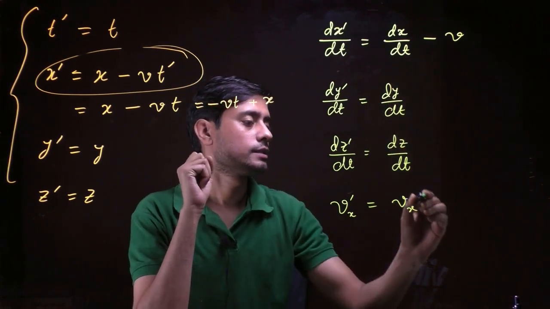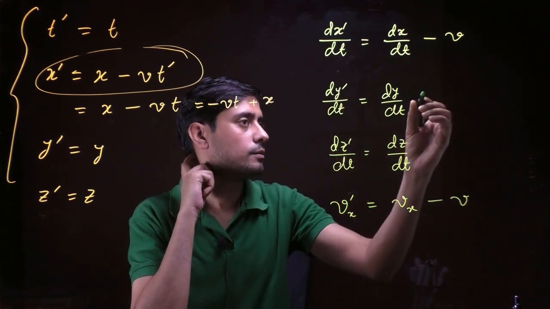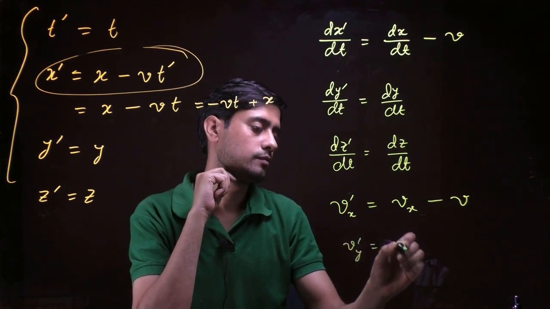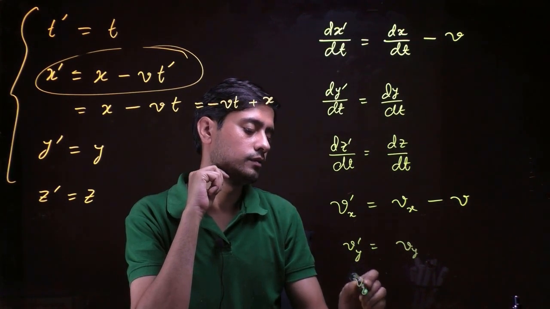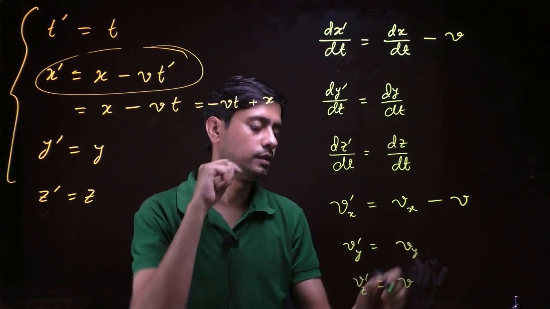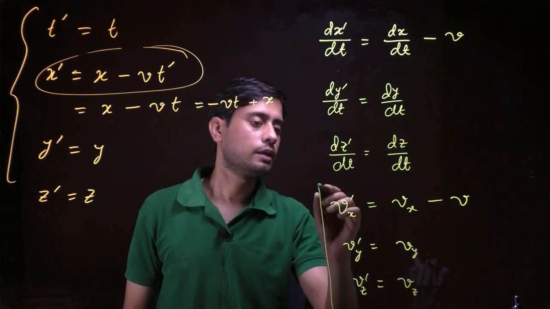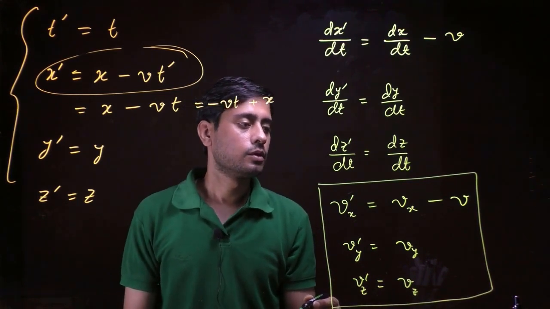So this is vx minus v. This will give you vy prime equals vy and vz prime equals vz.